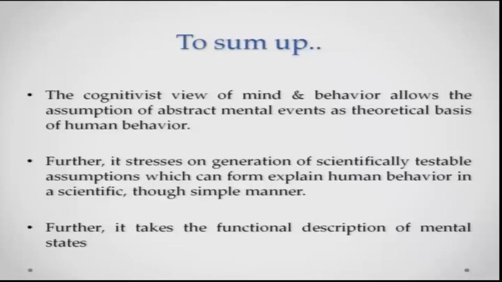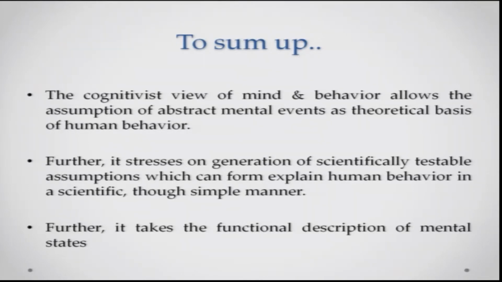So, to sum up, the cognitivist view of mind and behavior basically allows the assumption of abstract entities as the theoretical basis of human behavior. So, you assume these abstract mental entities, mental functions, and you use these abstract mental entities to actually talk about human behavior.